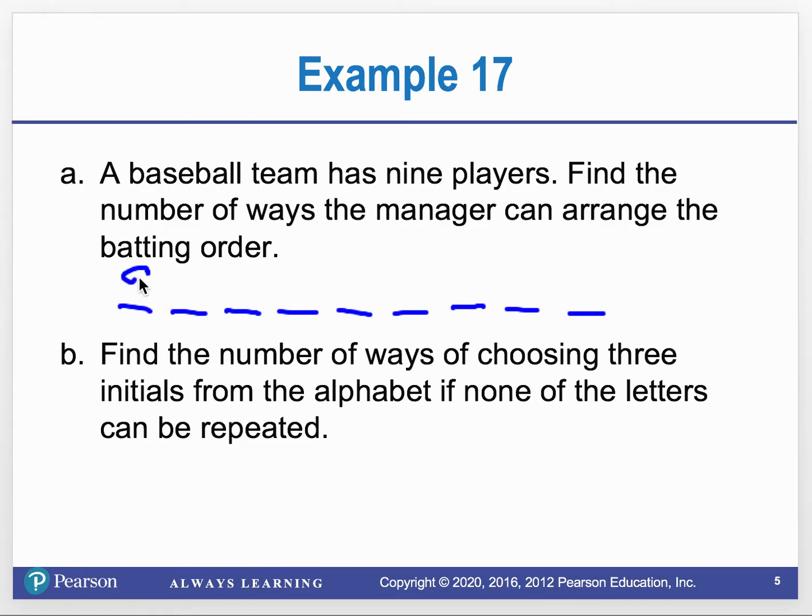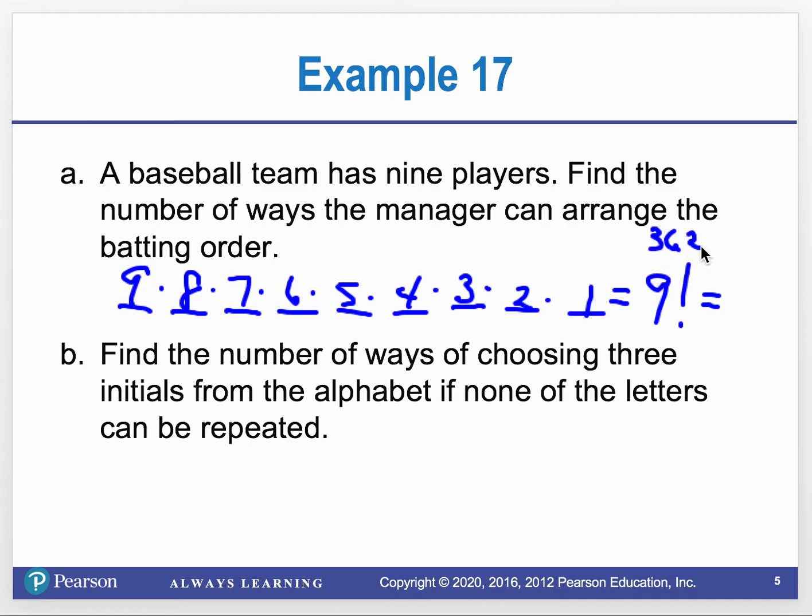Any one of the players could go first, but once one has batted, there's only 8 left that could go next. If we go all the way to 1, then my shortcut is 9 factorial, and we just did that. Let's see if it's still on my calculator screen. Yeah, 362,880.